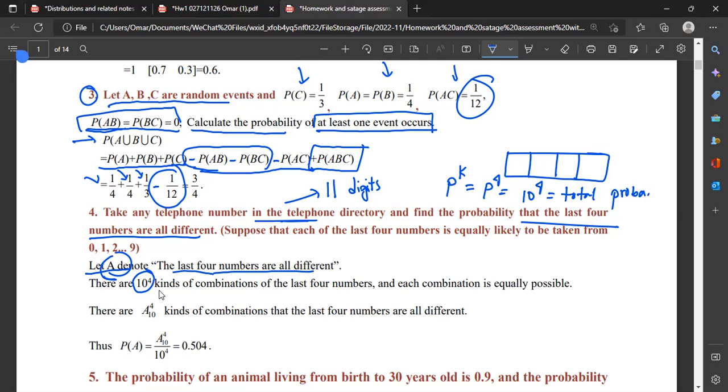And so there are 10 to the power 4 kinds of combinations of the last 4 numbers, and each combination is equally possible.